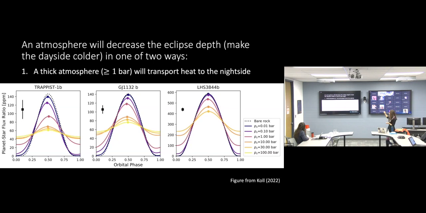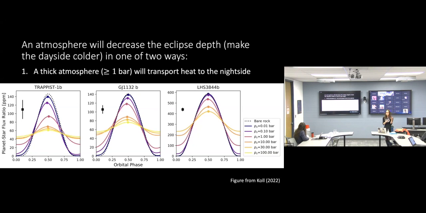And then as you add a thicker and thicker atmosphere on top of these bare rock planets, which are the lines going from blue to yellow there, you can see that as the atmosphere gets thicker and thicker, you progressively cool down the day side and warm up the night side because that heat is able to more effectively be redistributed around the planet.